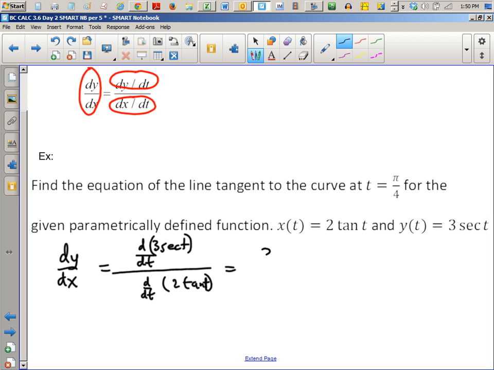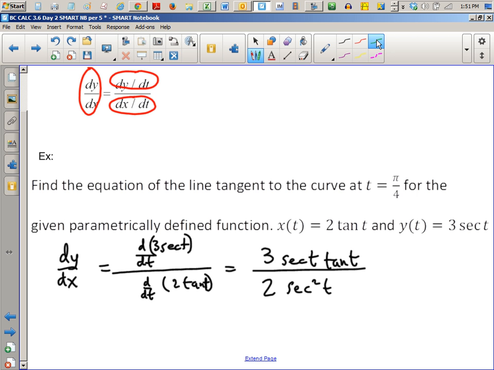We know that we can just keep this 3 here. The derivative of 3 times something is just 3 times the derivative of something. What's the derivative of secant? Hopefully you have that kind of memorized now. Yeah, that's the one where you go to the beach. So that's sec tan. You want to write sec t tan t. On the bottom, let's just leave that 2 there. What's the derivative of tan? Secant squared.